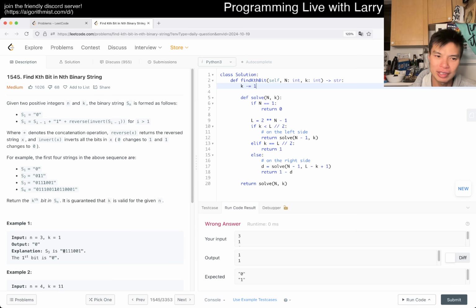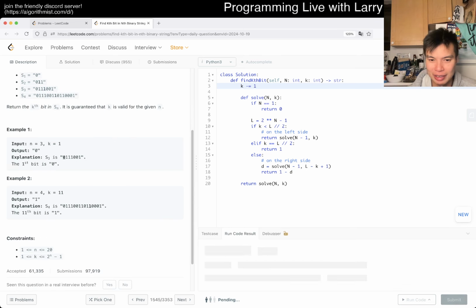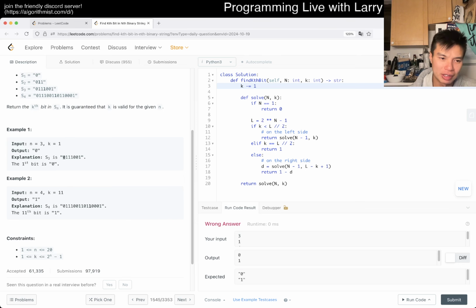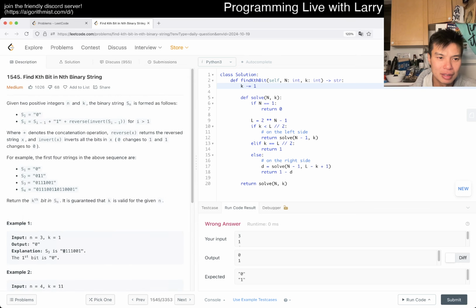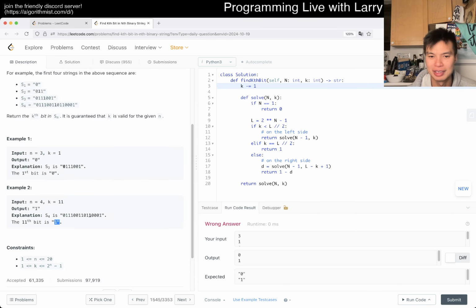I thought that was the first thing I checked, but I get confused. It's too late in the day. Oh, and we have to return a string. Why do we have to return a string? Is the bit okay? Fine. I mean, we have the technology, but I don't know why we're using that technology.